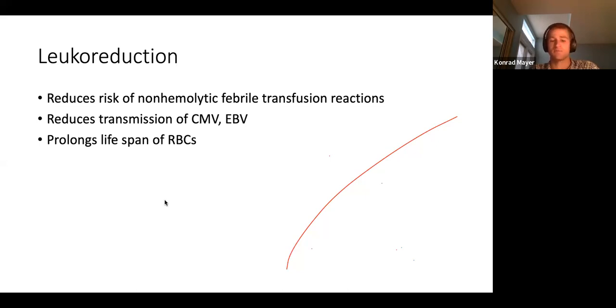So most blood products nowadays are leukoreduced. I'm not sure if all blood products are leukoreduced everywhere in the world, but it's a good practice, and the goal will be to do that everywhere.